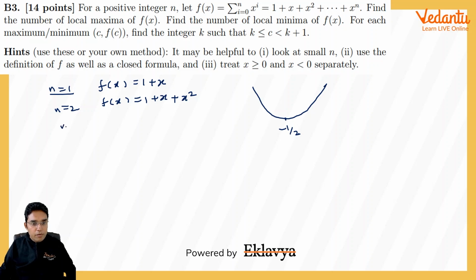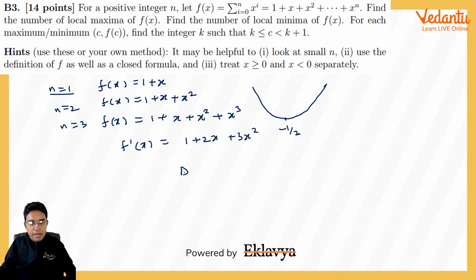If you take n is equal to 3, then f(x) will be 1 + x + x² + x³, and its derivative, if you check, gives you 1 + 2x + 3x², whose discriminant D is negative. And if D is negative, that means f' will be always positive. That means f(x) will be strictly increasing.